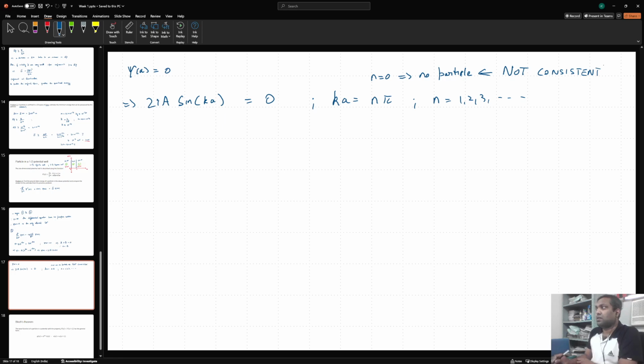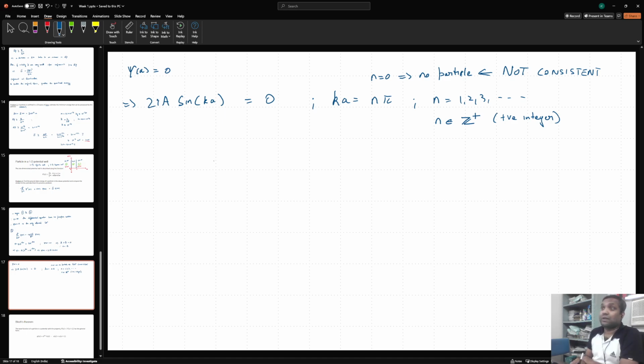To write a compact notation, n belongs to Z plus. It is a positive integer, or I could have said n is a natural number equivalently.